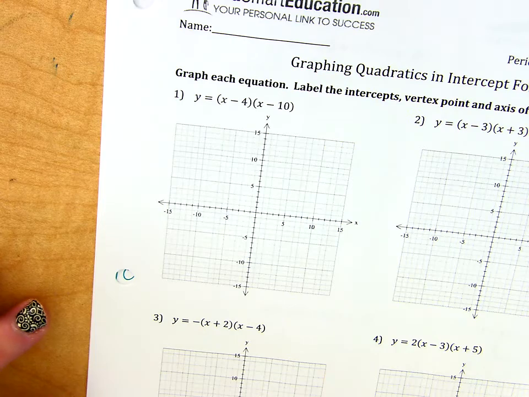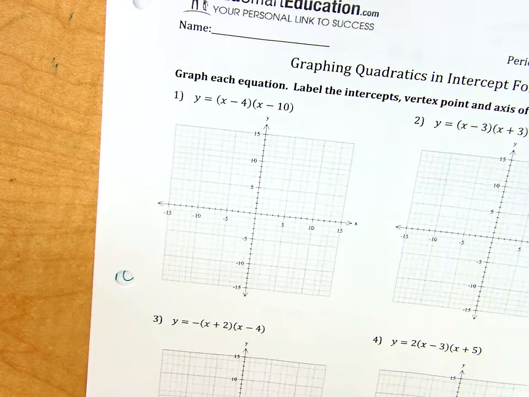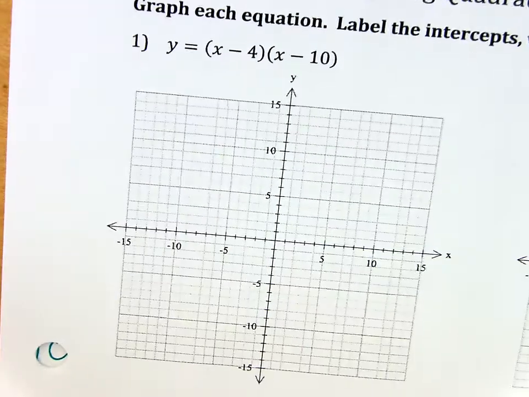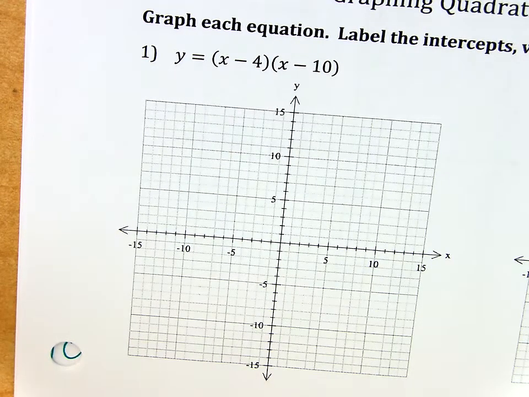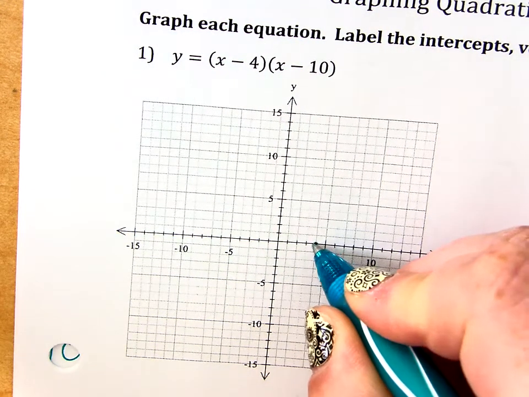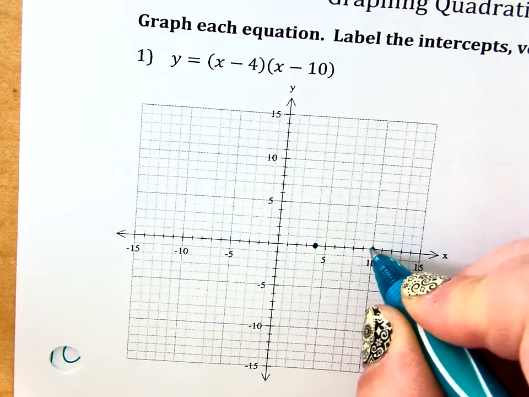Okay, let's take a look at the first one. So, I know that this thing must cross the x-axis where? Positive 4 and positive 10. So I'm going to start by putting dots at positive 4 and positive 10.